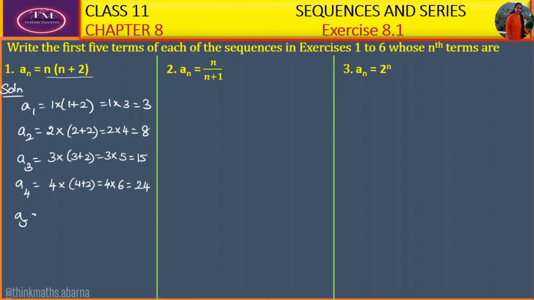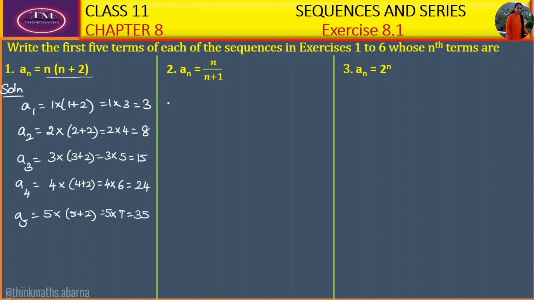Next A5 is equal to 5 into 5 plus 2. So 5 into 7, 5 sevens are 35. Here the rule is first you have to finish the bracket and then go for multiplication, division, then addition, subtraction. So we finish the bracket first and then we multiply.